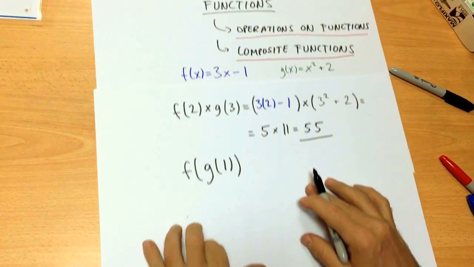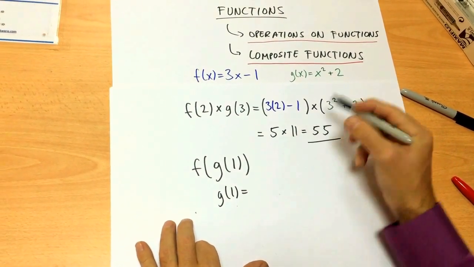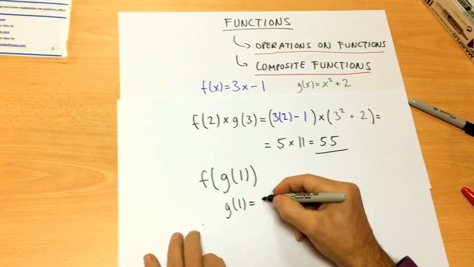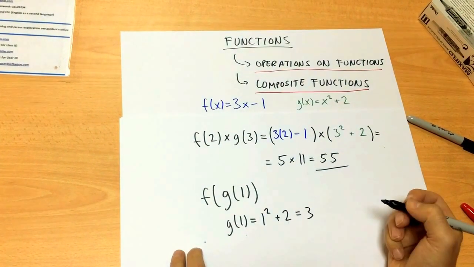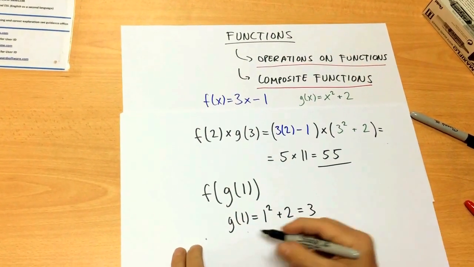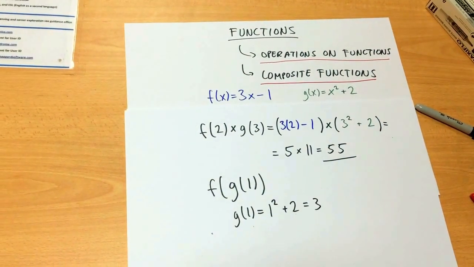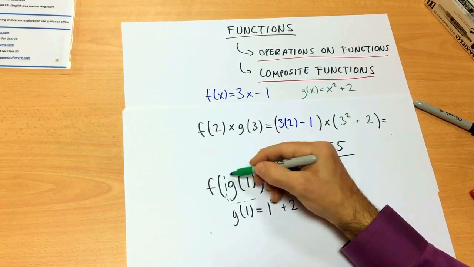What does this equal to? Let's do this example. So I have g of 1 is equal to, g of x was x squared plus 2. So it's 1 squared plus 2. 1 squared plus 2. This is equal to 3. So this 3 goes into my f, because my f was supposed to have g of 1 as input.